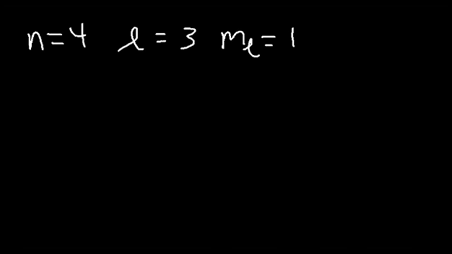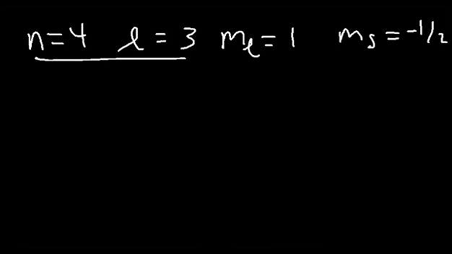Now, how many electrons can have the following 4 quantum numbers? According to Pauli's exclusion principle, there's only 1 electron that can have 4 quantum numbers.